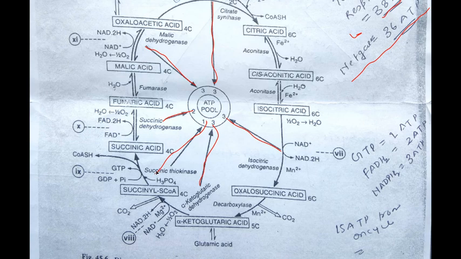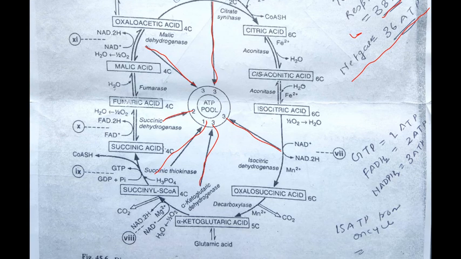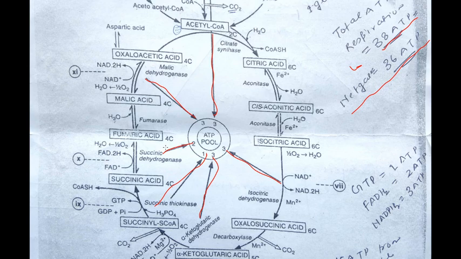These types of questions arise in your competitive exam, and as well as from your examiner during the viva, and it's very important. So you can learn and draw the cycle one or two times so you can understand easily.